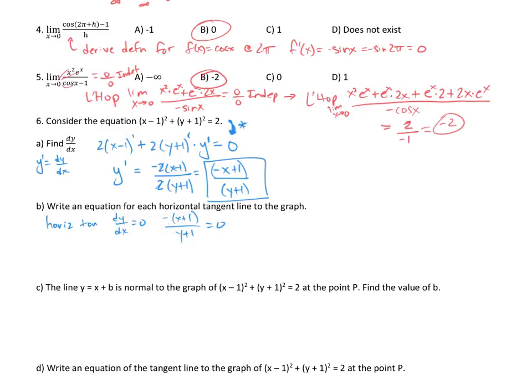So, let's correct this. This should be up here, negative x plus 1, like that. Okay, so then at this point we will cross multiply, and then we end up with negative x plus 1 equals 0, so x equals 1.